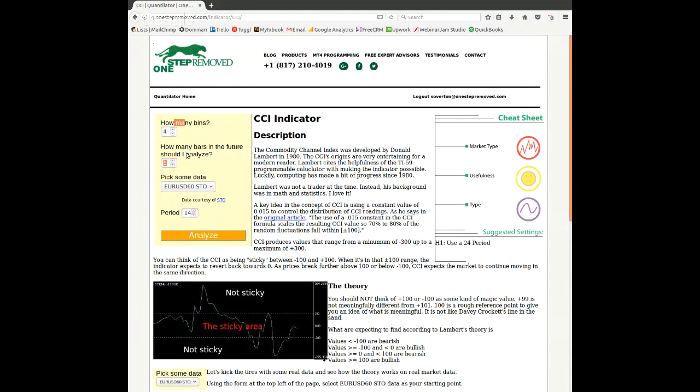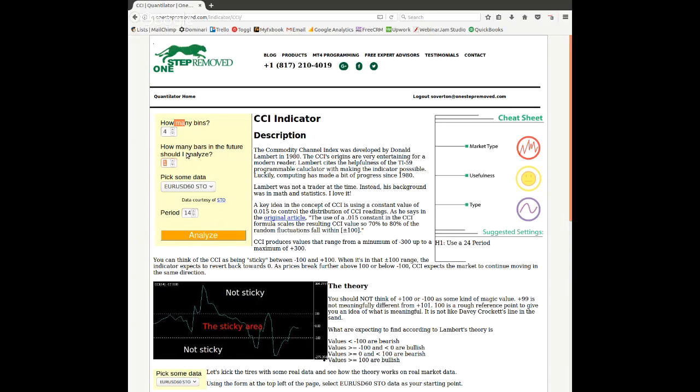Do you remember when I was talking about how every trading system has three parts? It has an entry, an exit, and a betting size. Right now, we're looking at the entry. We're deciding whether or not the CCI is going to help us enter the market.